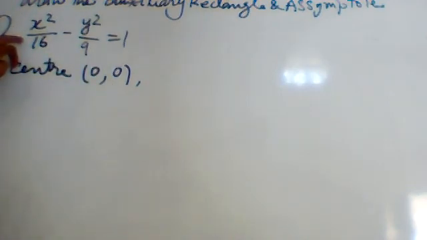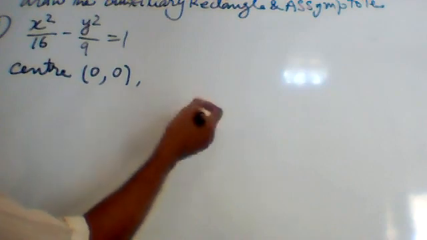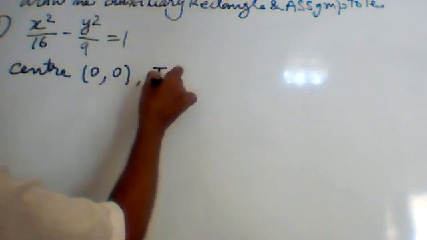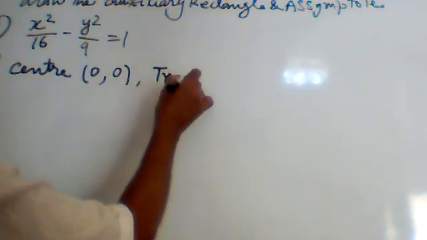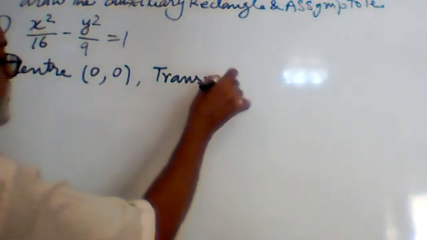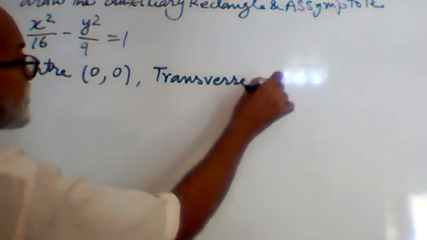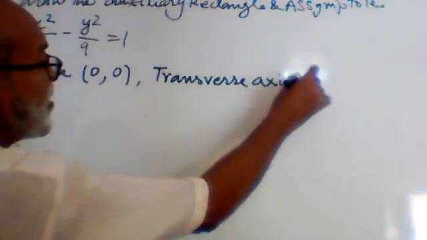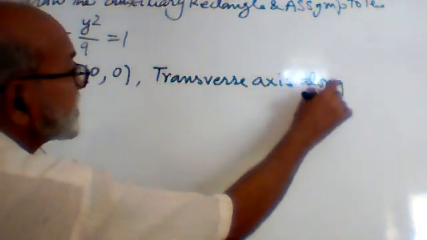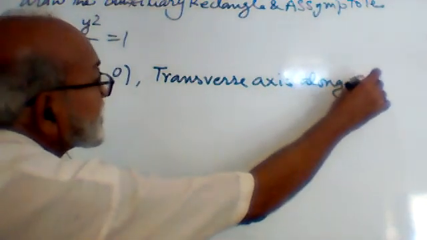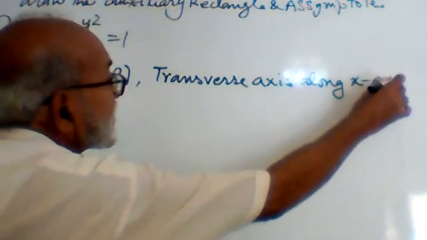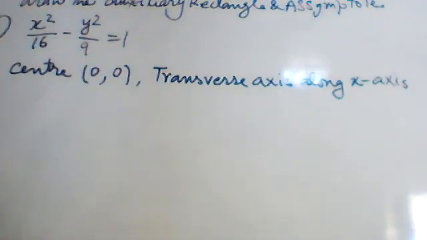x square is positive, y square is negative, x square is positive. Therefore, the transverse axis, or the major axis, is along the x-axis.